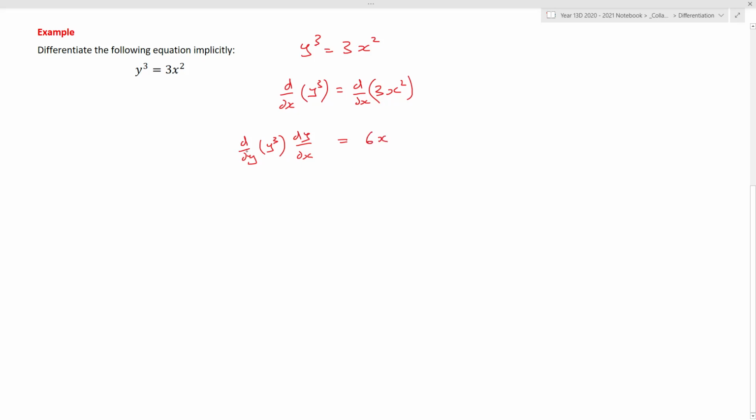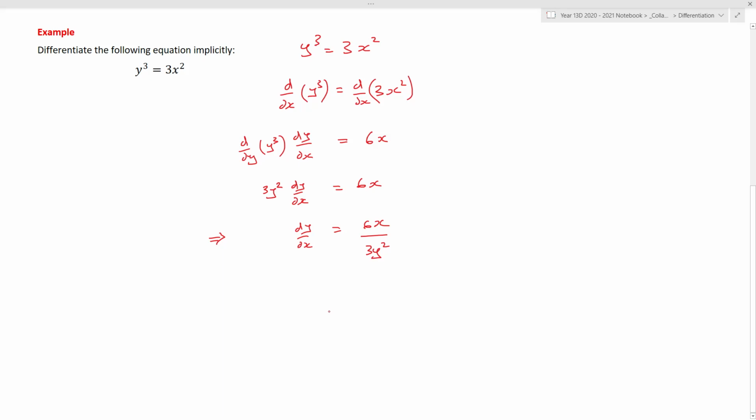Nice and simple. Now if I come back to the left hand side, differentiating y cubed with respect to y gives me 3y squared times that dy over dx, which we have to put there, and that's equal to 6x. So that means then that dy over dx, dividing both sides by 3y squared, is equal to 6x over 3y squared. And that's implicit differentiation.